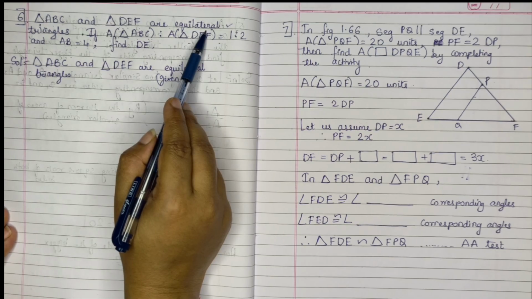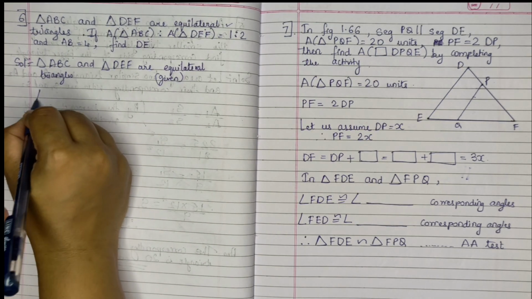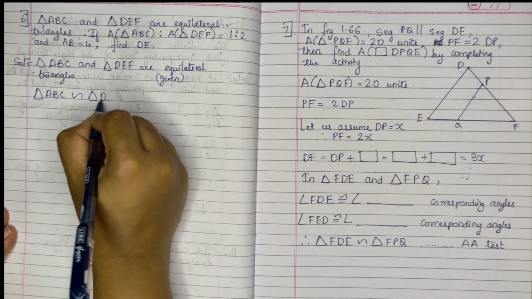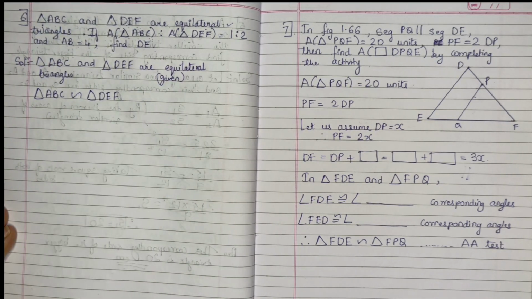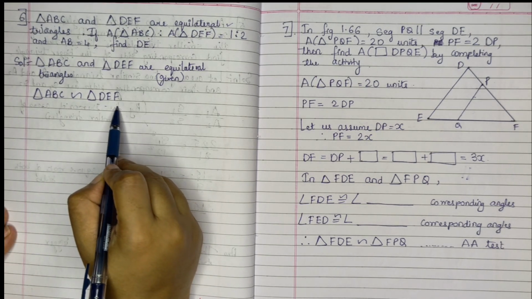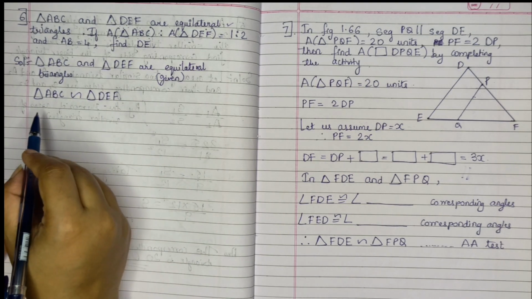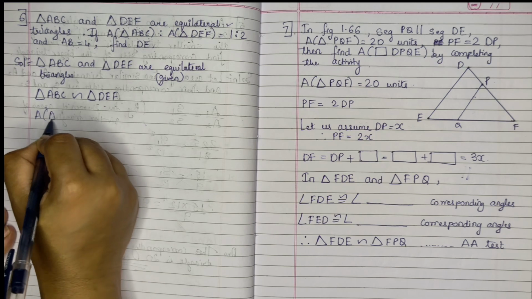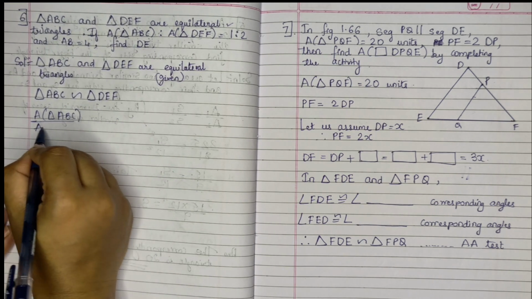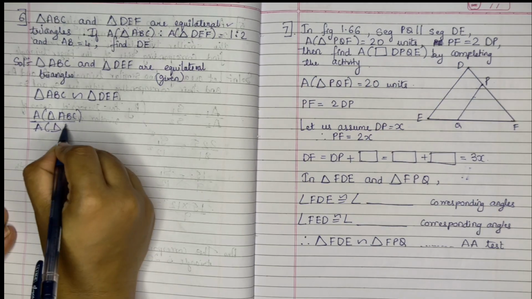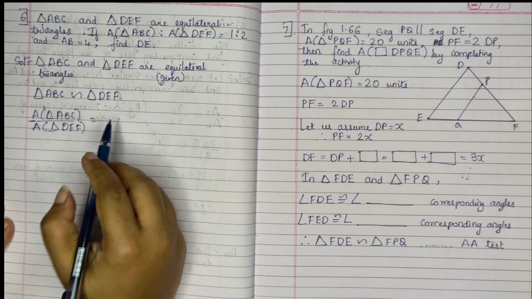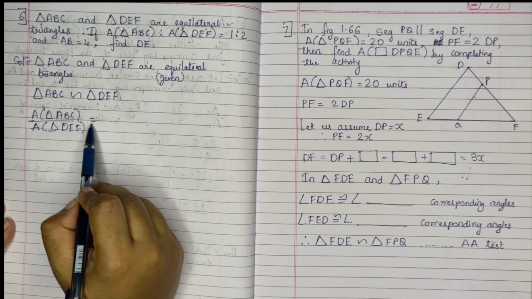So we can say that triangle ABC is similar to triangle DEF, and if they are similar, we can write that area of triangle ABC upon area of triangle DEF is equal to the ratio of the squares of their corresponding sides.